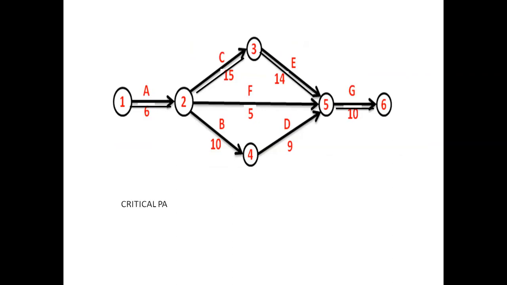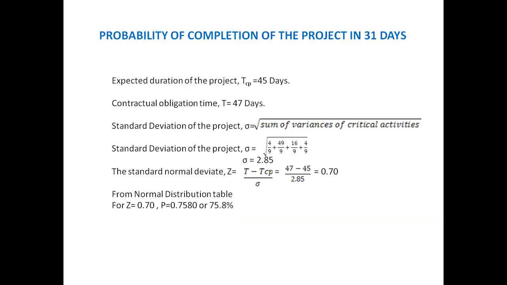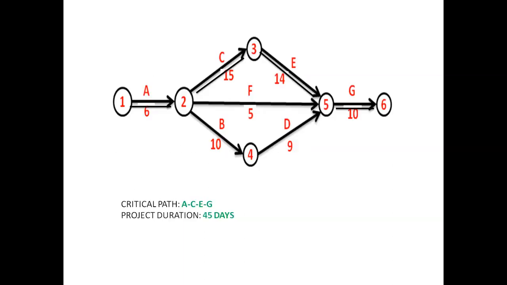Hence, the critical path is A, C, E, G, and the project duration is 45 days. According to the requirement of this problem, we have drawn the network diagram and found the critical path and project duration. Next is, what is the probability of completing the given project in 47 days?